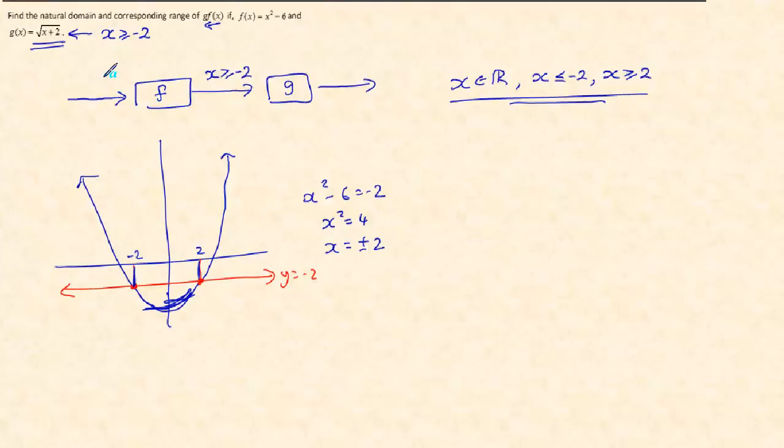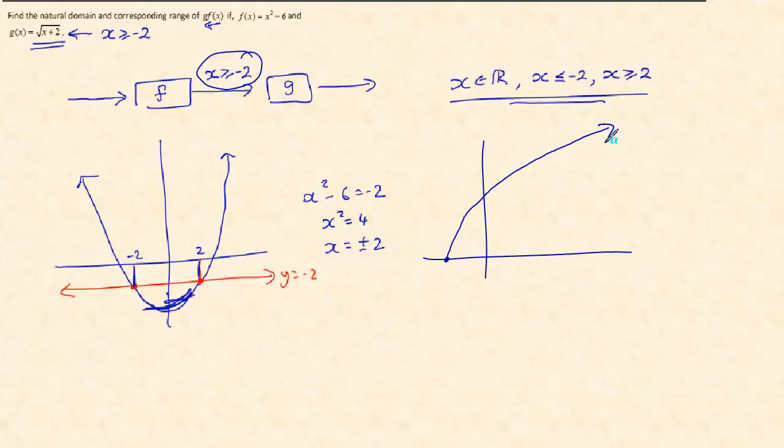Now the range is not difficult for this example because what we've done is arrange this so that x greater than or equal to negative 2 goes into g. Now if x is equal to negative 2, we know we get 0, and then the square root graph is going to go like this.